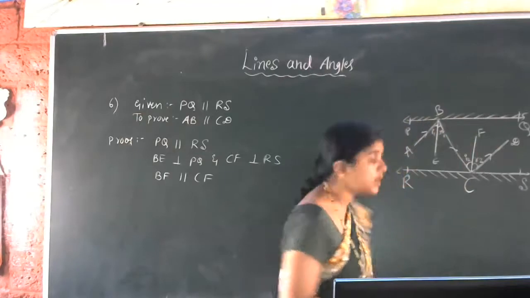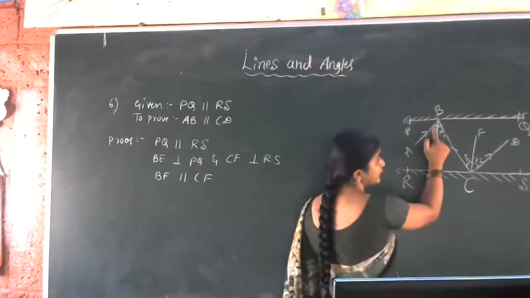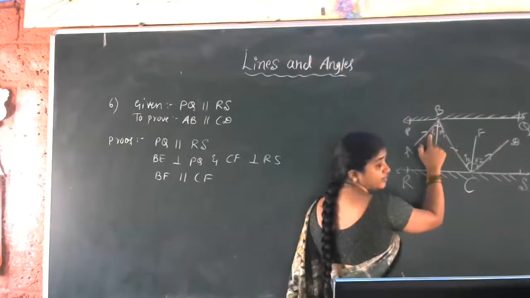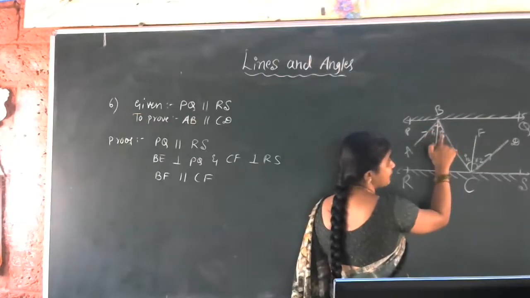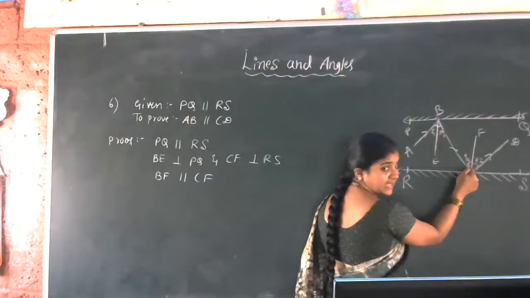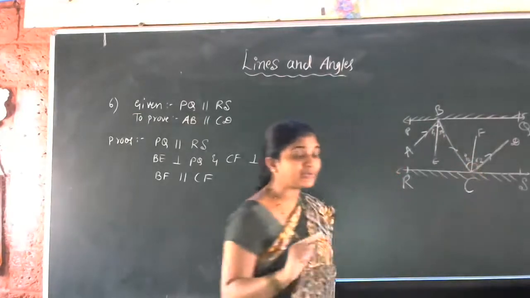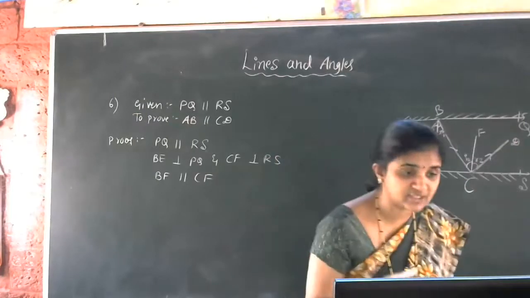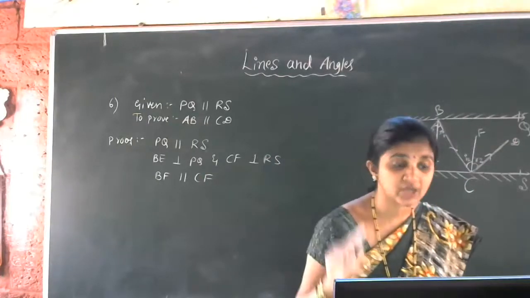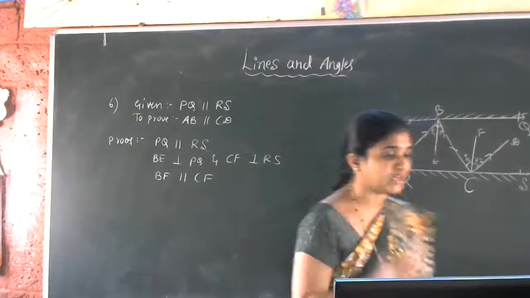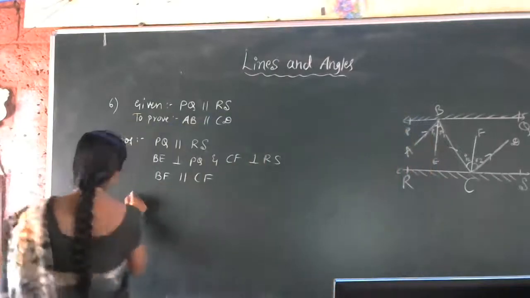Got the idea? Now you just observe. Here we got two angles. This is the angle of incidence and this is the angle of reflection. Again here, this is the angle of incidence and this is the angle of reflection. We all know that the angle of incidence is equal to the angle of reflection by the law of reflection. So let us write that down.